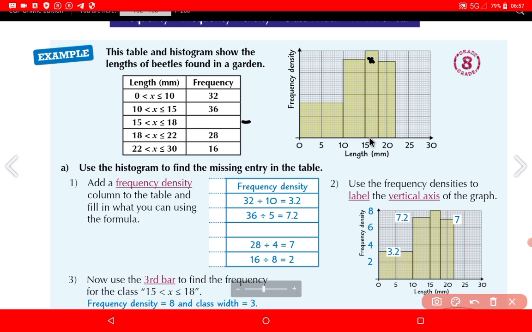This says from 15 to 18, and then the frequency density here. So what we can do is just find the frequency densities.